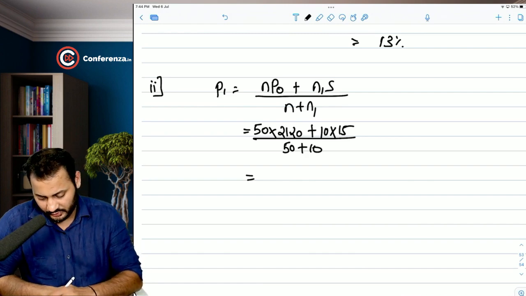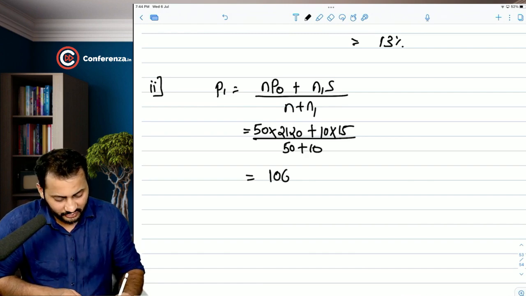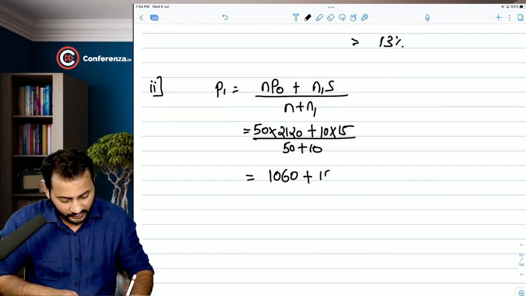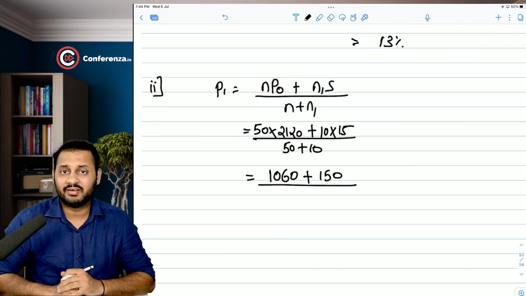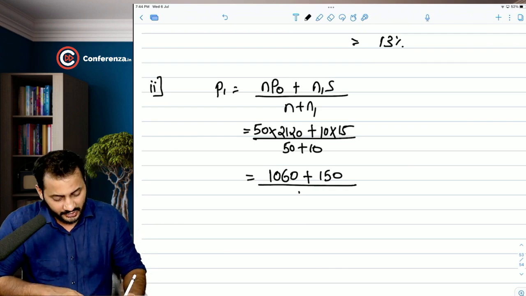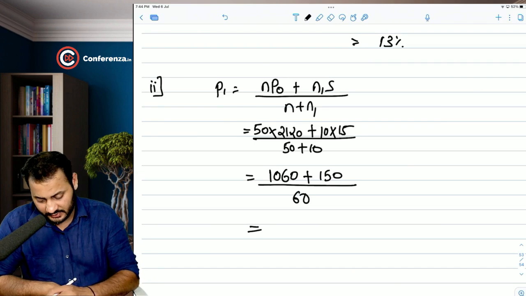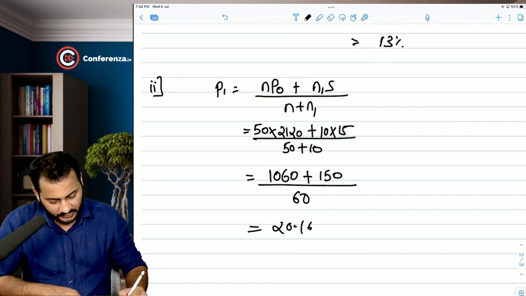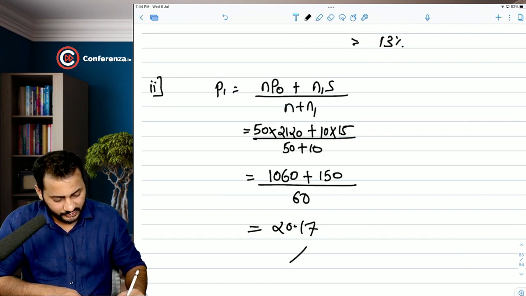So 21.20 into 50 gives us 1060, the current market value of the company, and 150 crore is the amount that we are raising from the rights issue, divided by 60, and it gives us 20.167 as the market price, which is wrong.